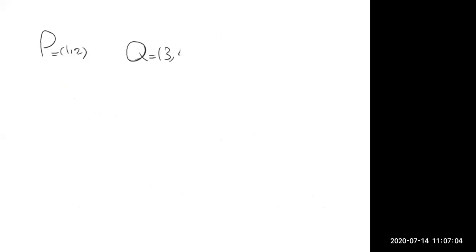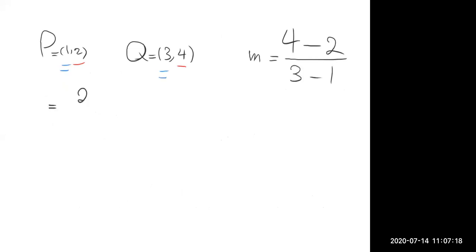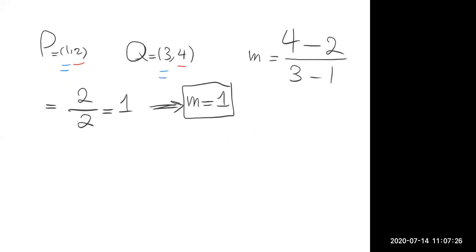We should first compute this slope, m. It's going to be 4 minus 2 over 3 minus 1, which is 2 over 2, which is 1. So m is 1. The slope here is 1.